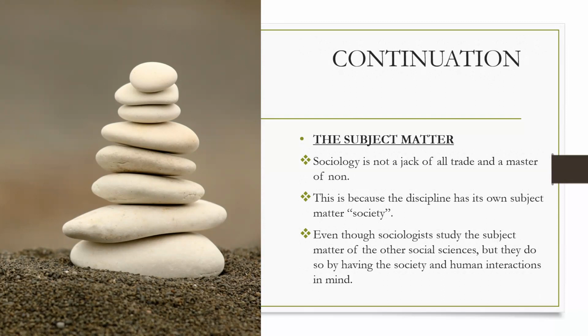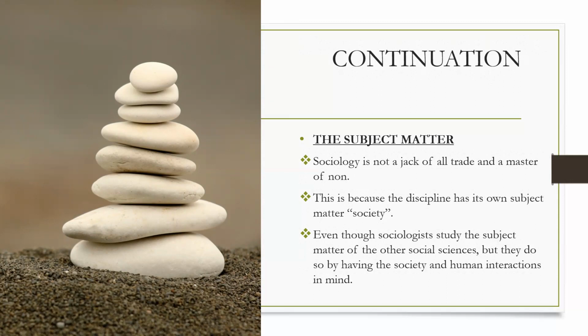So even though sociologists study the subject matter of other social sciences, the main thing that is behind their mind is how humans interact with each other in every other thing.